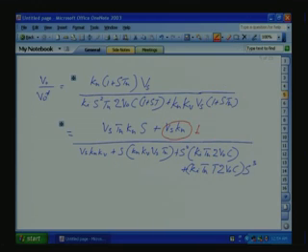This is the B0, and this is equal to B0.